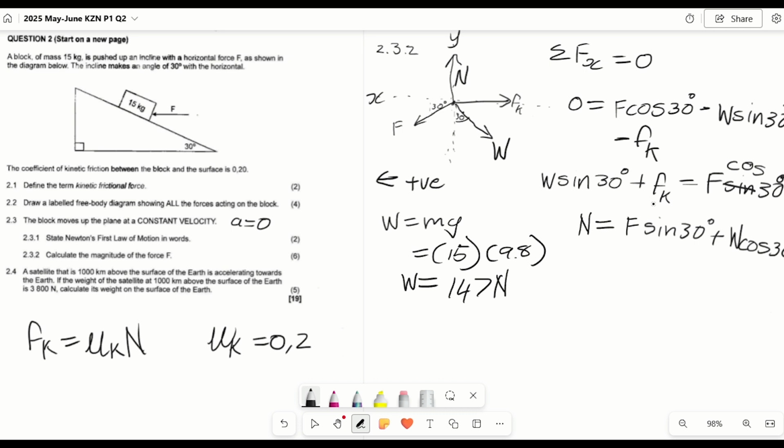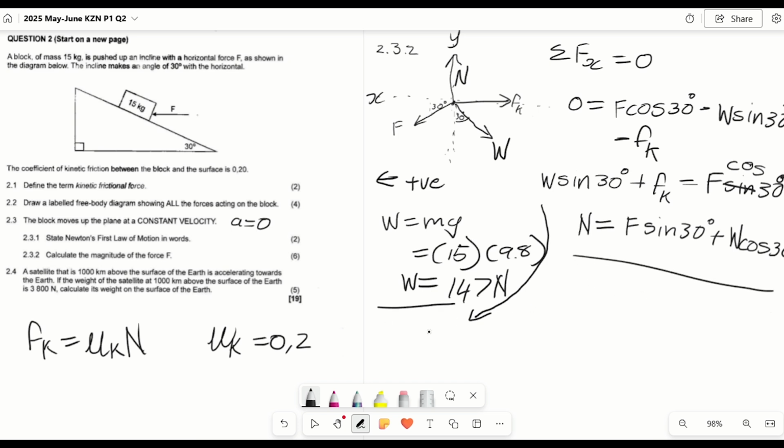We have fk as a function because we can substitute mu k and n, and F is what we need to find, cos 30. So we're almost there. Let me write in the values of this equation down here.